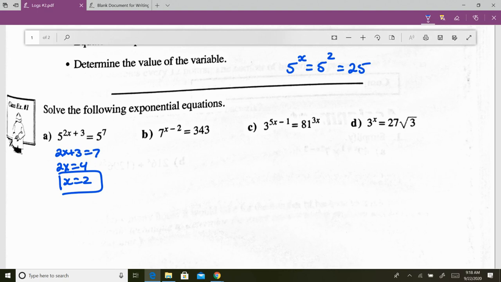All right. B. 7 to the power of x minus 2 is equal to 343. Can we do anything with it as is? You need to make it a common base. The bases need to be the same. This is base 7, a prime number, so I can't change that. Can I make 343 into base 7? 7 to what power is 343?